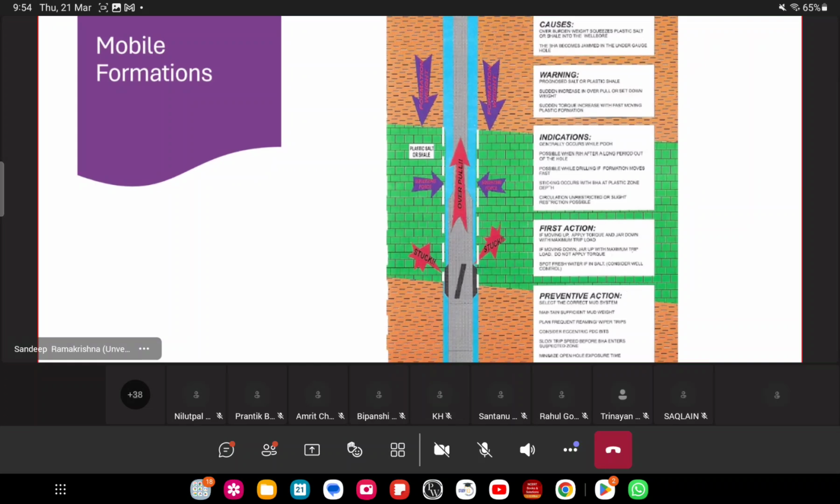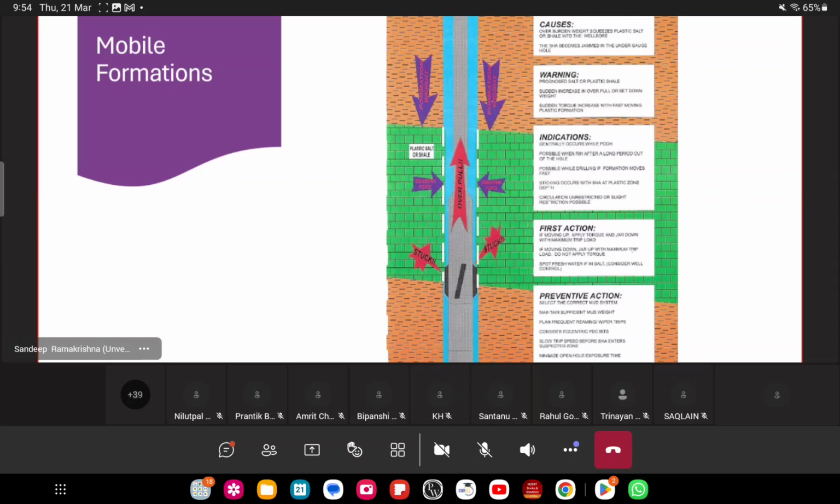It's a buoyancy effect. Salt, even though it is considered to be a formation, many a times you can think of it as a fluid as well. It's not very well consolidated, and it's constantly moving.